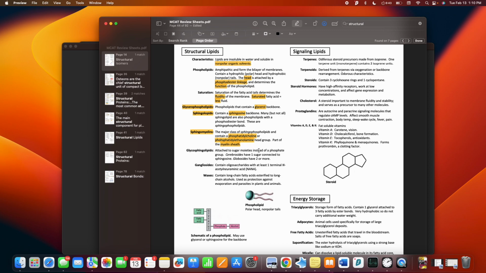Glycosphingolipids attach to sugar moieties instead of a phosphate group. Cerebrosides have one sugar connected to sphingosine. Globosides have two or more.